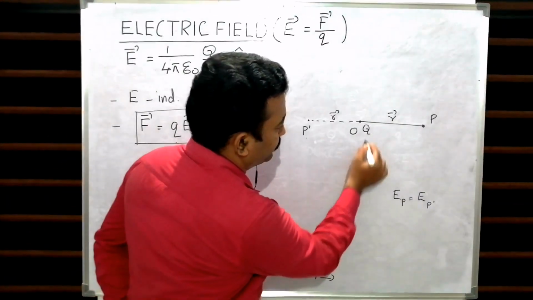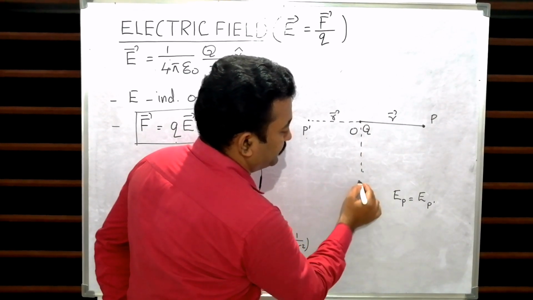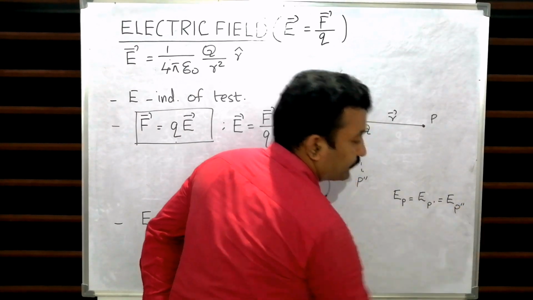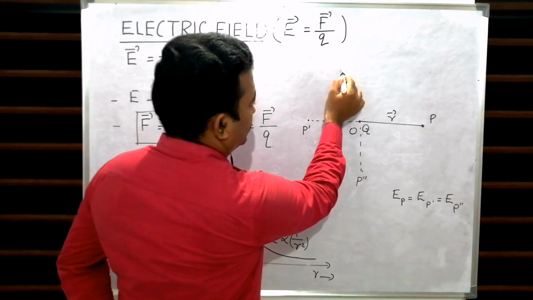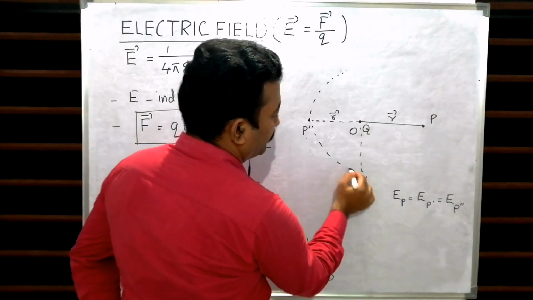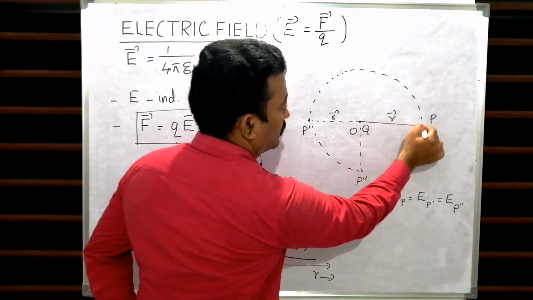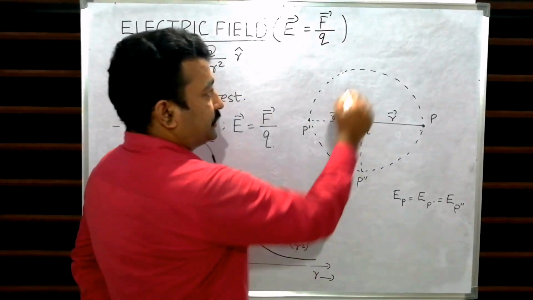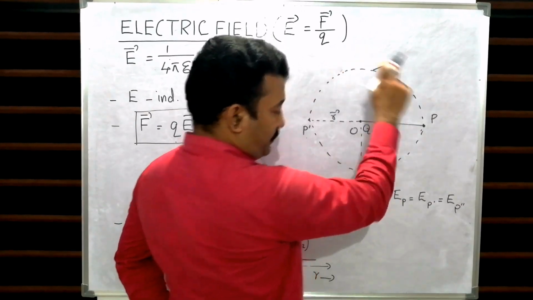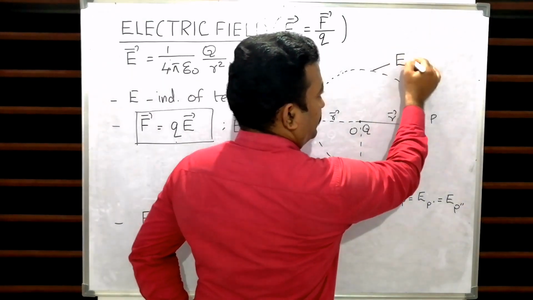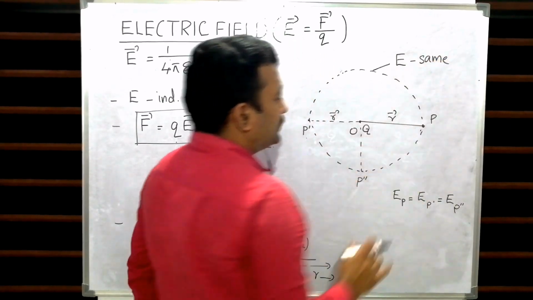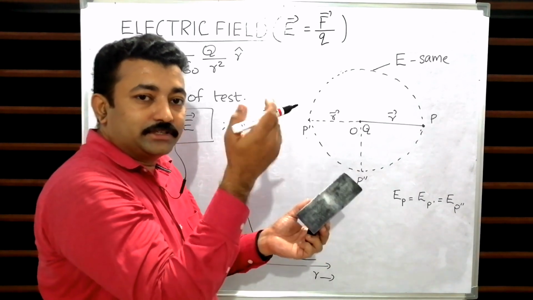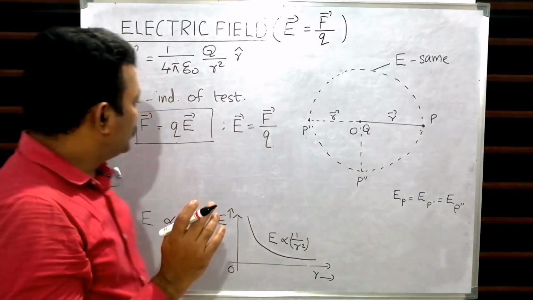If I choose another point over here with the same distance, P double dash, at that point also the field will be same. Or if I make a sphere of radius R around the charge Q, at any point on the sphere, the value of E will be the same. So on the surface of the sphere at any points the value of electric field will be same.